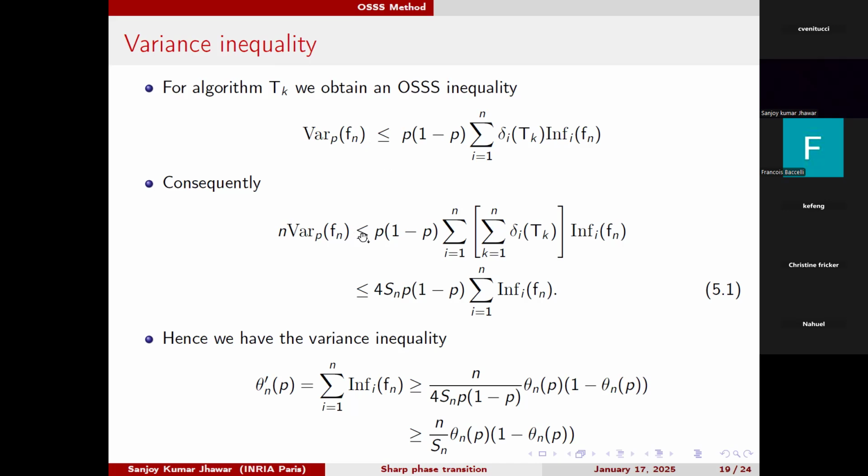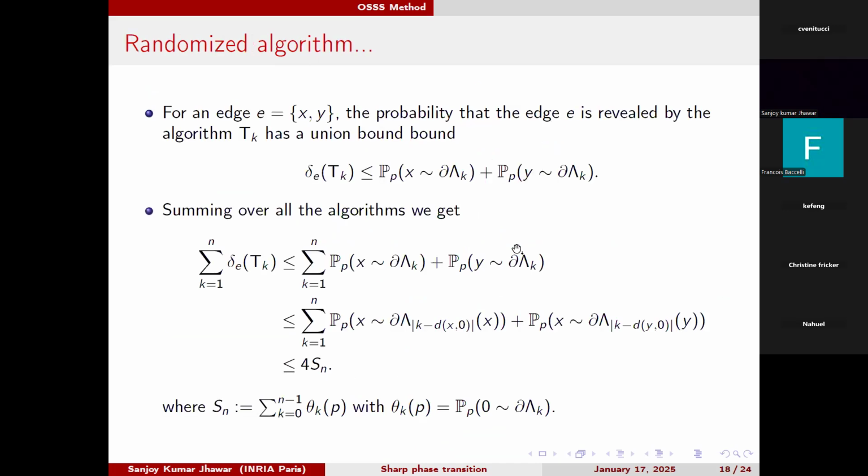Then you can take the sum over k and try to see how this sum of all the revealment probabilities behaves. Okay, so in the previous slide we have this inequality on the sum of the revealment probability that is upper bounded by 4 times all these sums.